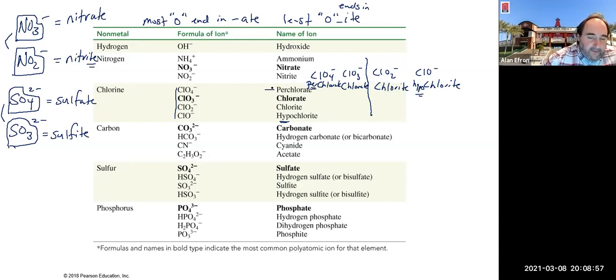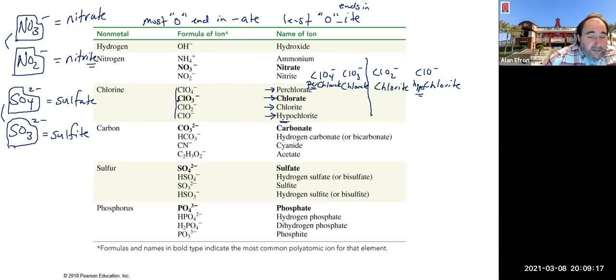Most oxygen starts with per, ends with ate. Second most oxygens just ends with ate. Second to least number of oxygens ends in ite. Least number of oxygens altogether starts with hypo, ends with ite.